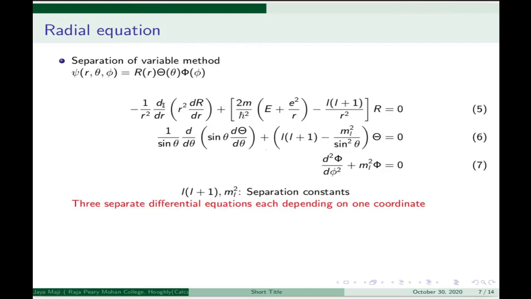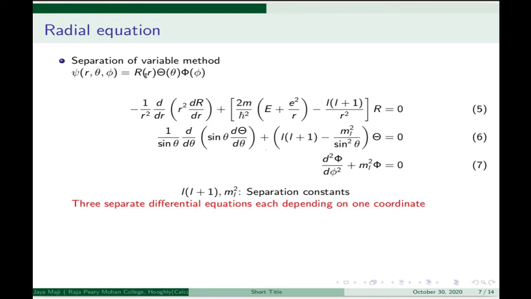So in the spherical polar coordinate system, r, theta, phi are the independent variables. Therefore the wave function psi, which is a function of r, theta and phi, can be factorized as the following, which is capital R, function of r, and capital Theta, which is a function of small theta, and capital Phi, that's the function of phi.